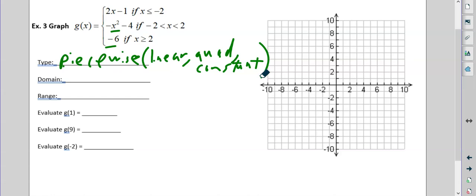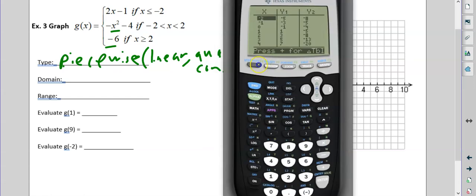So let's get into this first one, 2x minus 1. I already have these entered into the calculator. Now, notice how it says I want less than or equal to -2. So I'll go to my graph. This is y1. So I want less than -2. So I don't want 0, 1, 2, 3, 4. So I want to move my -2 to the bottom, like so.